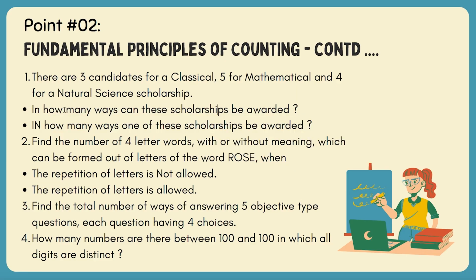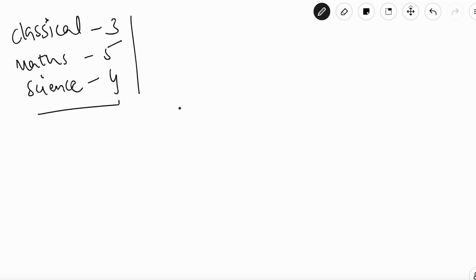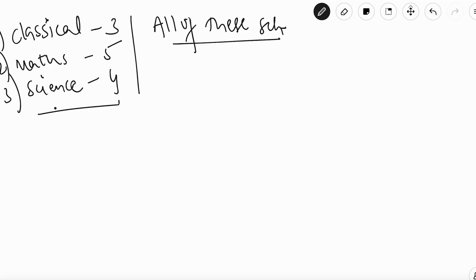If you notice carefully, it's asking in how many ways can these scholarships be awarded, so it's talking about all of these scholarships amongst all 3 categories. Let's understand one thing carefully.